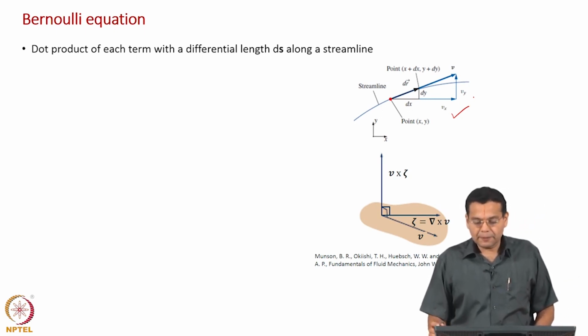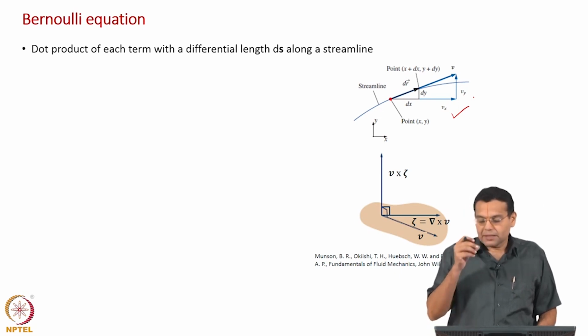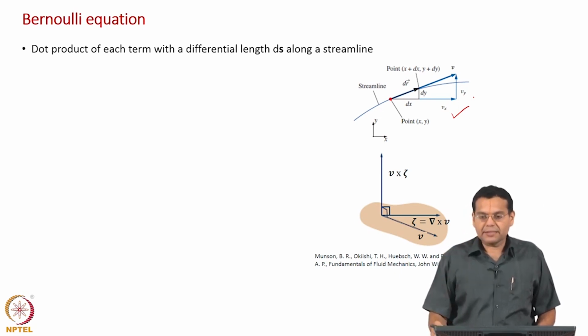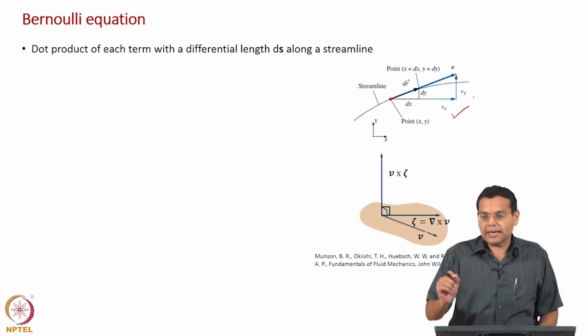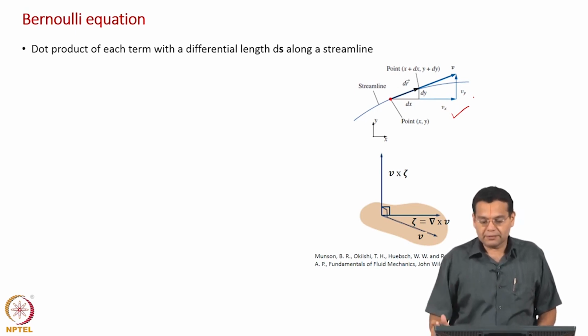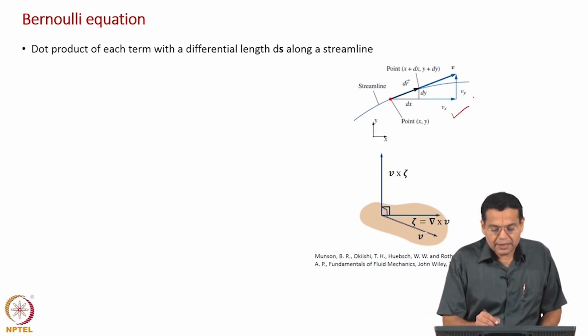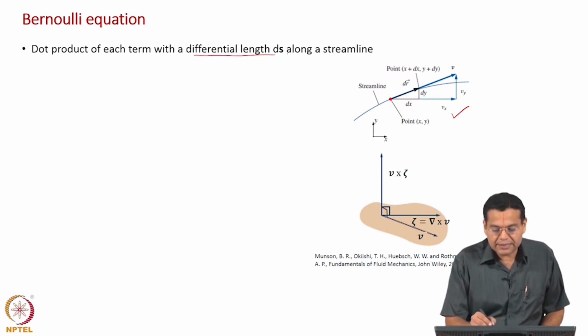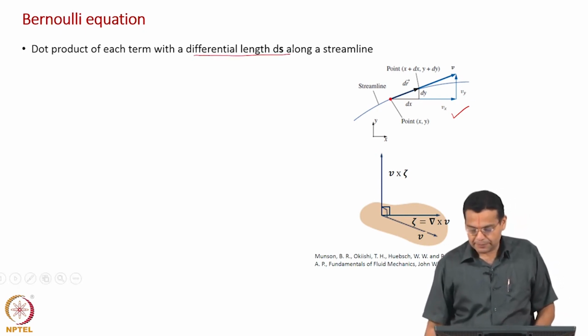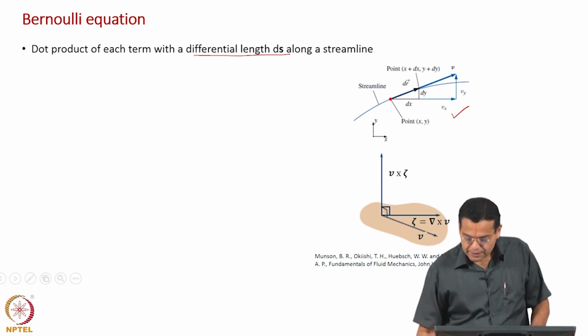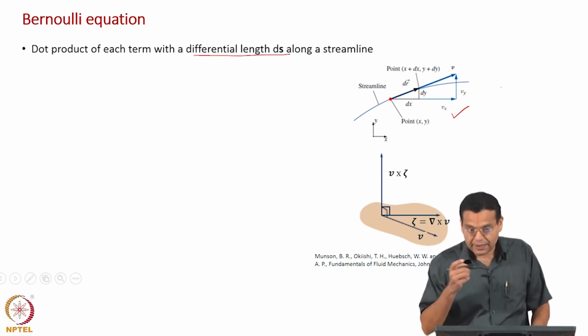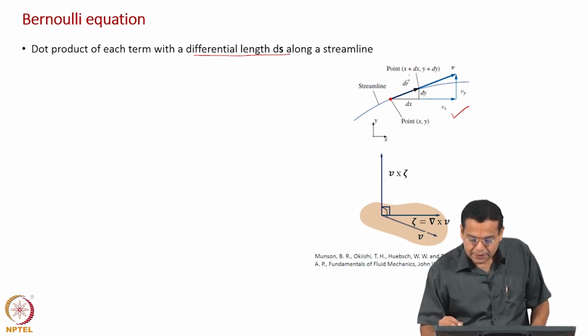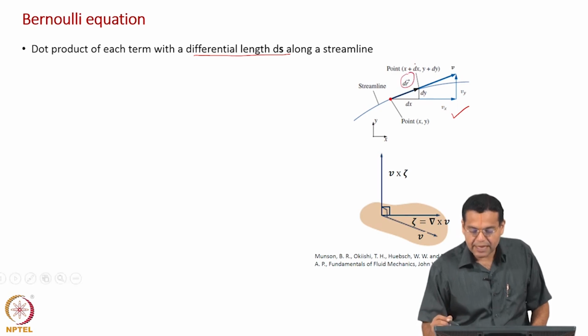If you recall, a streamline was defined in such a way that at any point if you draw a tangent you get the velocity vector. Now, we are considering a differential length ds vector, and in our earlier discussion on streamlines, that differential length was shown as dr vector.